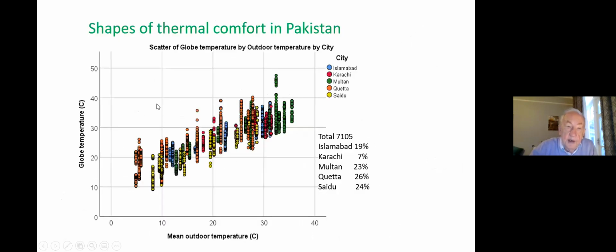Now, what we did here was, in each of those areas, we got a group of researchers, generally from a local university or somebody like that, to go out every month and take the temperatures.